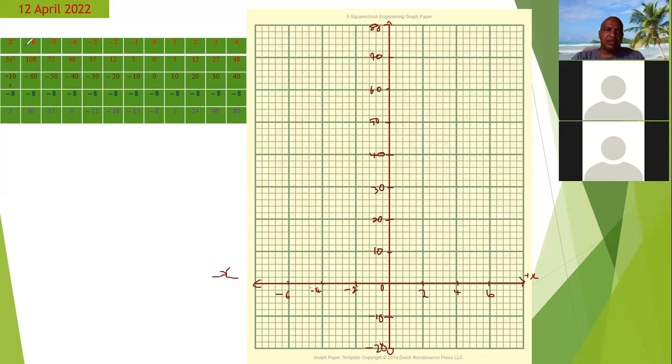If x is equal to negative 6, then we want to go up to positive 40. So negative 6 on the x going up to 40 would put us right here. That would be our position.